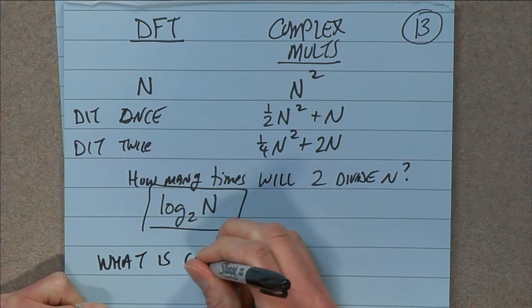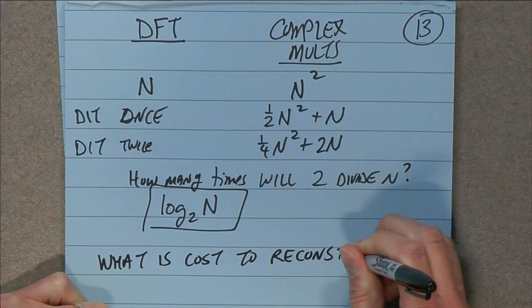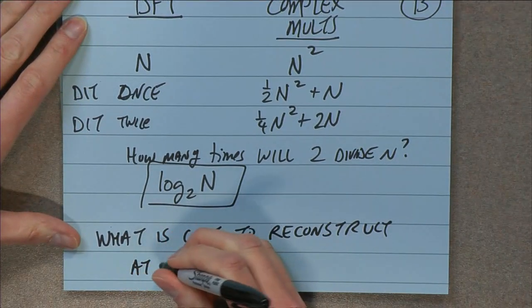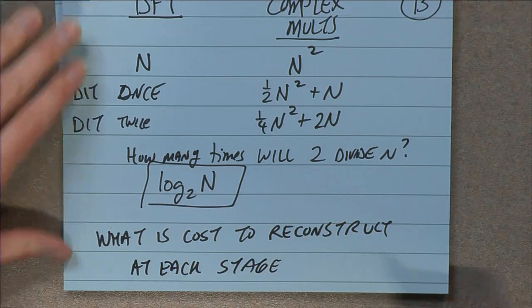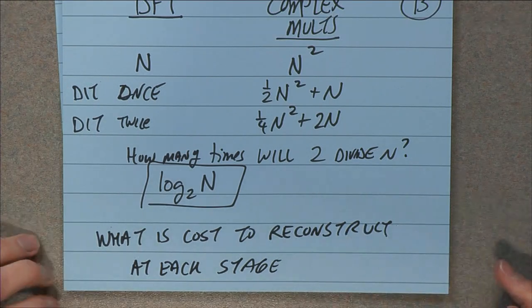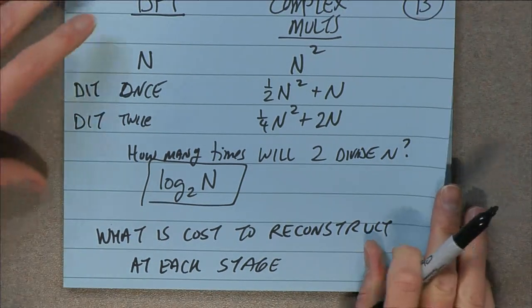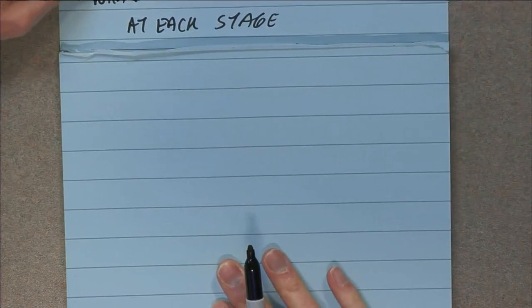So what is the cost to reconstruct at each stage? Because that cost is what you're going to have to pay log 2 n times. Right. And so what we're going to try to do is show you, not rigorously, but somewhat heuristically, I think, how this works.